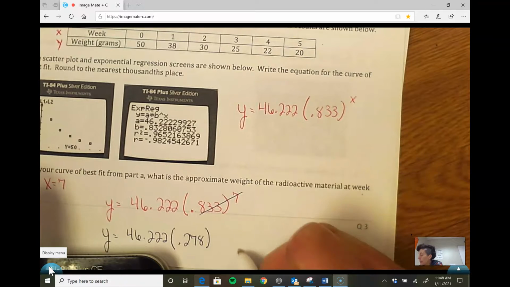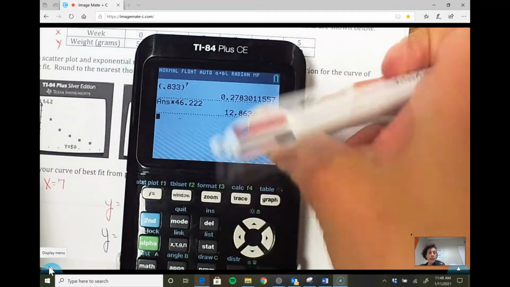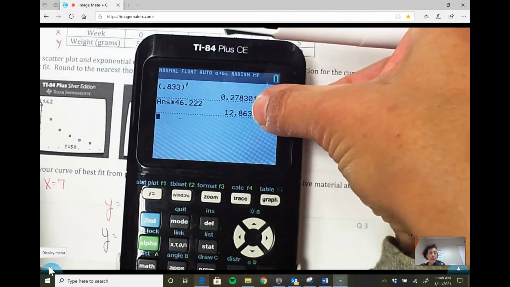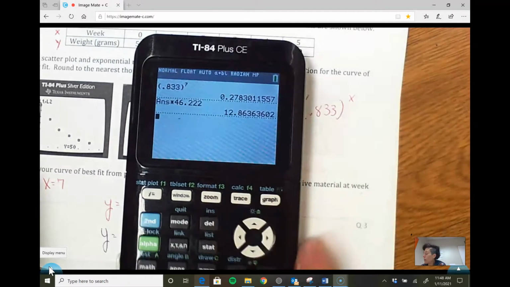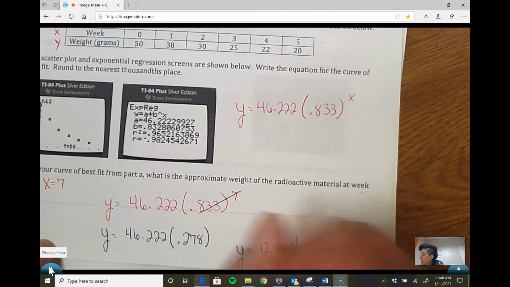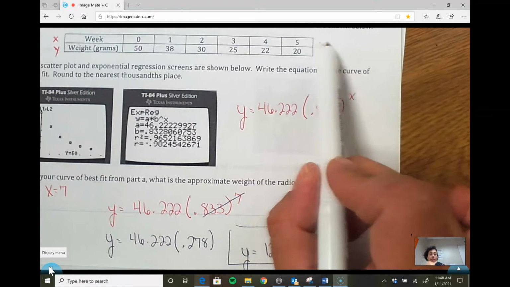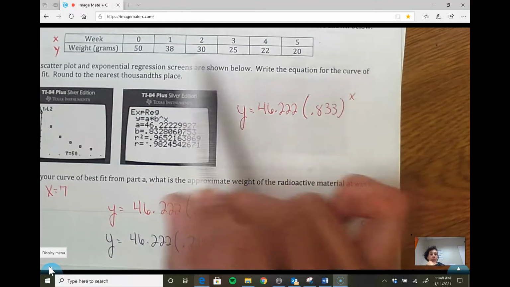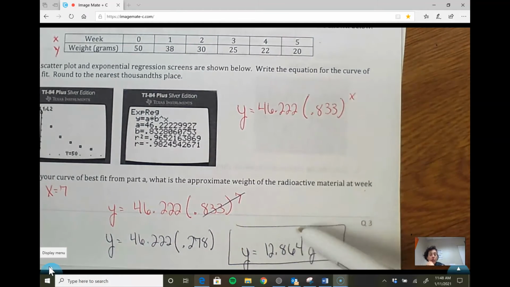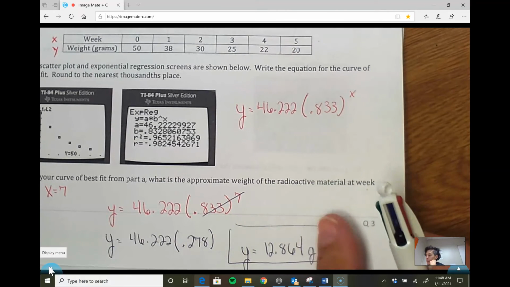So Y is, and again, I'm going to round to 3 decimals, 86. So it says 863, but again, that 6 is going to turn the 3 into a 4. So 864. And then I will label my answer as grams. All right? And if you think about it, if week 6 and 7 are up here, and this is going down, my answer should be less than this 20 because it's getting smaller. All right?